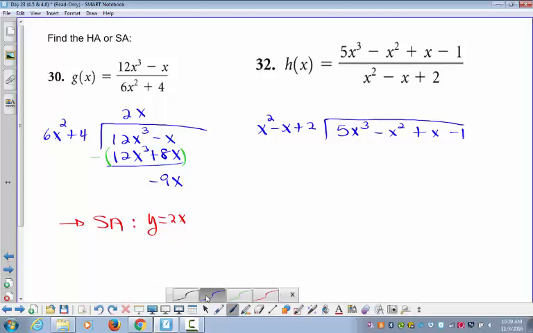Looks like I saw lots of 5x's right here, so that's the first step. That's great. When you multiply this across, you get this, and you have to subtract.